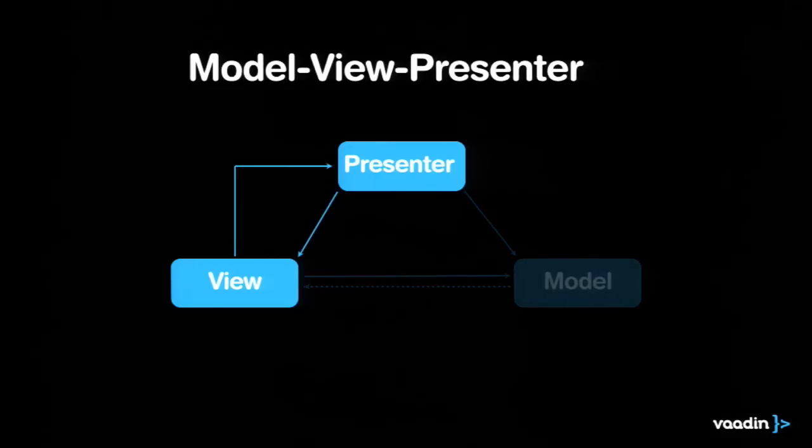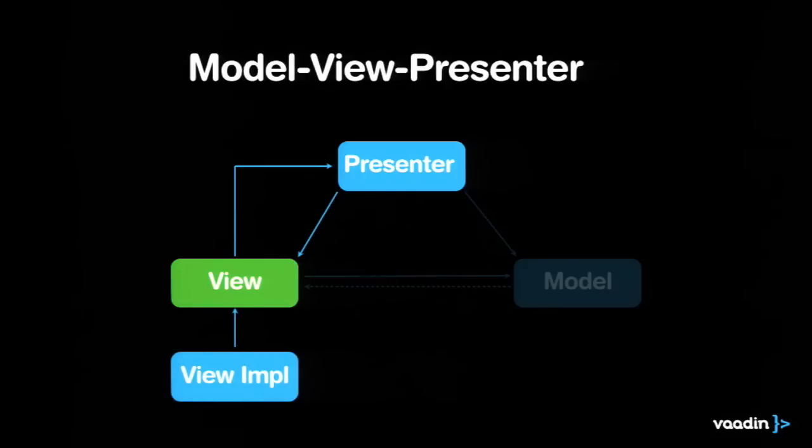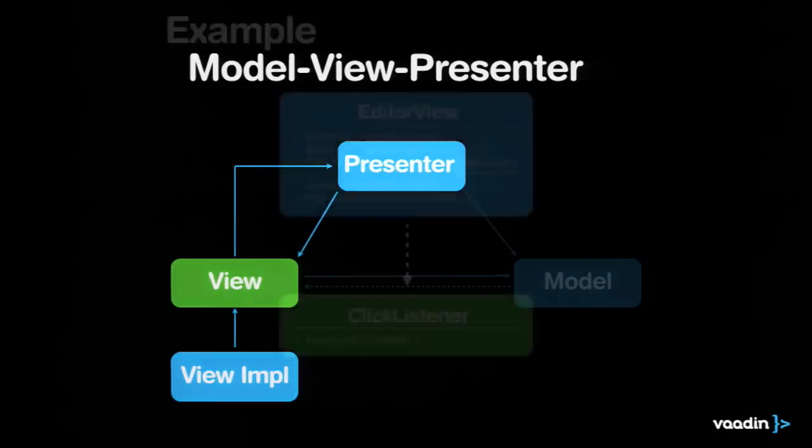For the sake of simplicity, we'll sort of ditch the model for now and just concentrate on these two parts. It's very common to have an interface of the view, since we don't want to depend on concrete things, but just abstractions. So the presenter should only know about the interface of the view, and some implementation, possibly written with Vaadin, could then actually implement your views.